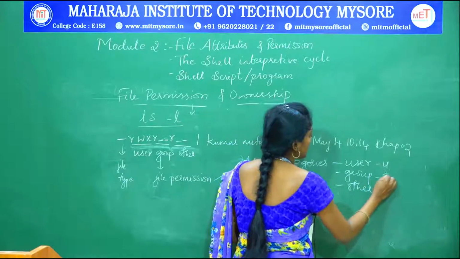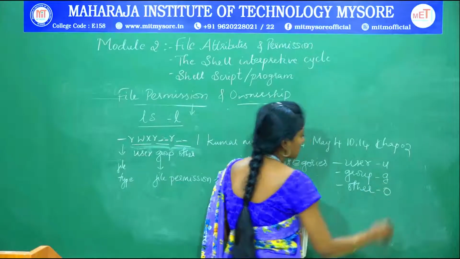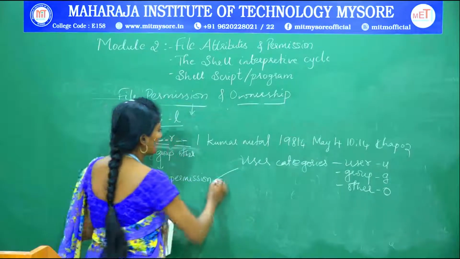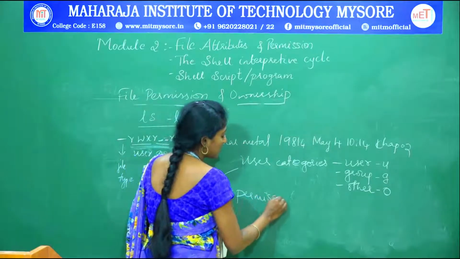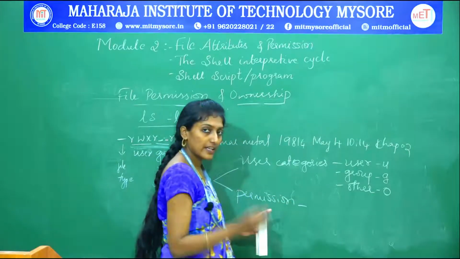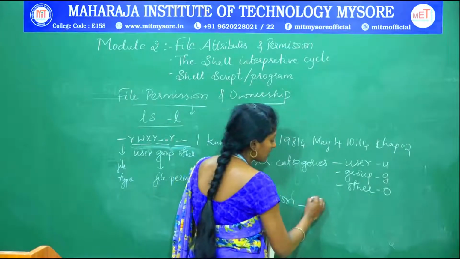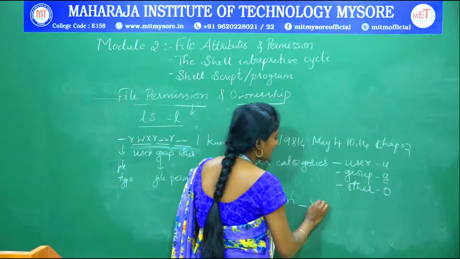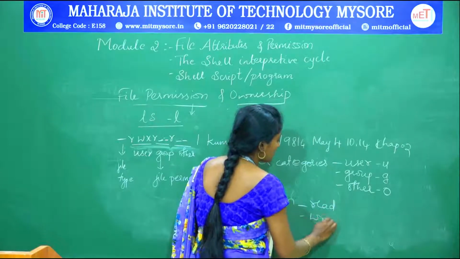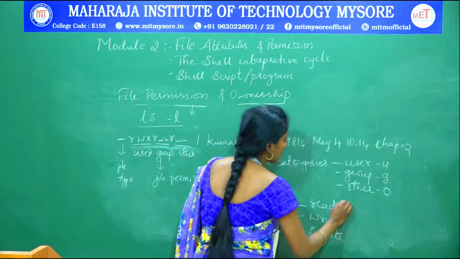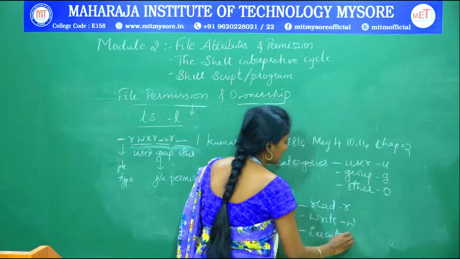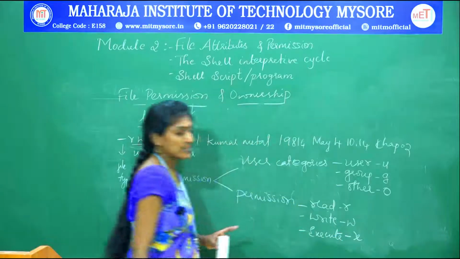This is represented with U, this with G, and this with O. Next we will discuss the permission itself. Again here we have 3 categories: read permission, write permission and execute permission. So read with R, write with W and execute with X.